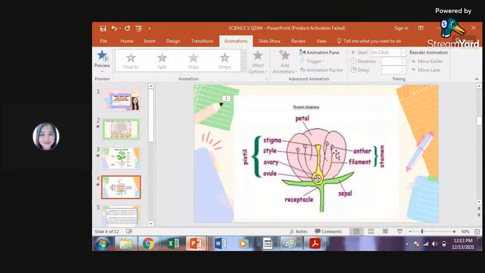And how about this one? It's the sepal. Sepal is a modified leaf which encloses and protects the flower bud. When the flower blooms, the sepal supports the bottom of the flower. Okay, so it protects and it supports.